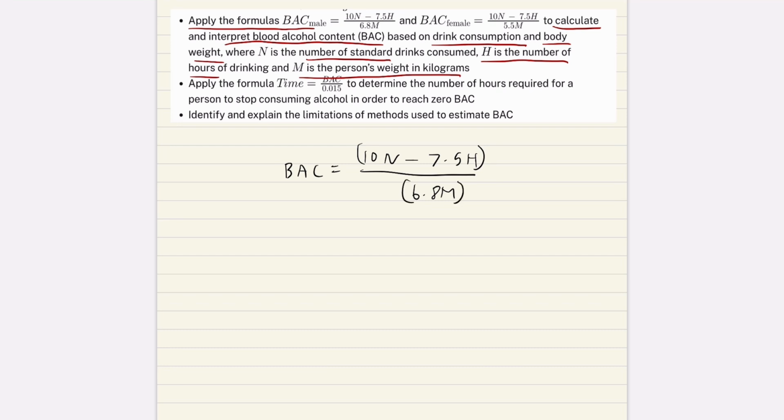However, the bigger your denominator gets, the smaller your BAC will get, because they are inversely related, whereas the BAC and your numerator, they're directly related. And that's not just for this formula, that's for any formula. If you've got any formula equal to a fraction, an increase in the numerator of the fraction will always increase the thing on the left, and an increase in the denominator will actually decrease the thing on the left.